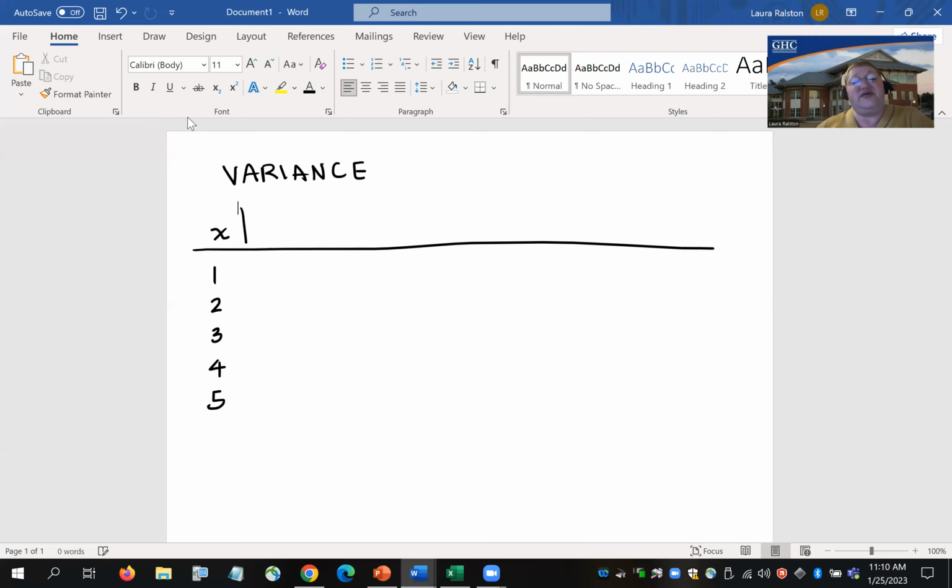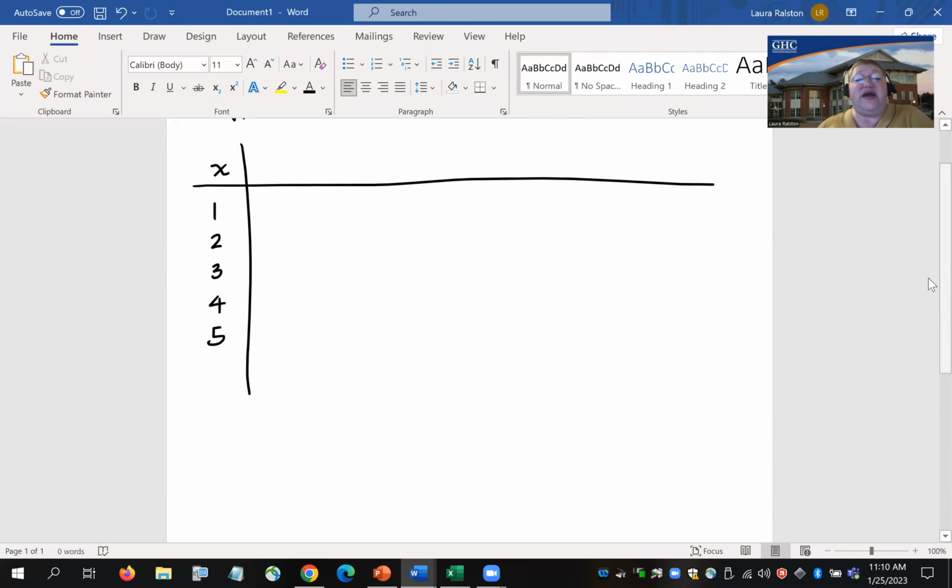I'm going to calculate the mean of those data values. Remember, to calculate the mean, we would add them up and divide by how many we have. So 1 plus 2 is 3, plus 3 is 6, plus 4 is 10, plus 5 is 15. So when I total it up, I get 15, and there were 5 values. So 15 divided by 5 is 3. So the mean for those 5 numbers is 3.